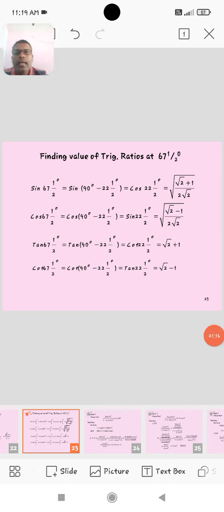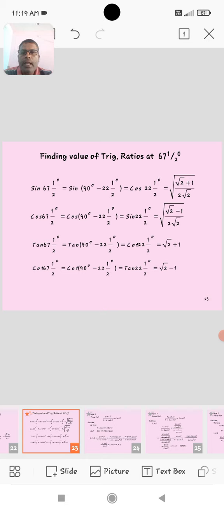Here sin 67 and half is equal to, how to write, sin of 90 degrees minus 22 and half is equal to cos 22 and half, that is equal to square root of root 2 plus 1 by 2 root 2. The same way cos 67 and half is equal to cos of 90 minus 22 and half, which is equal to sin 22 and half, equal to square root of root 2 minus 1 by 2 root 2.